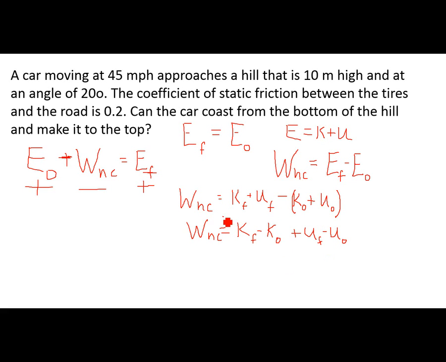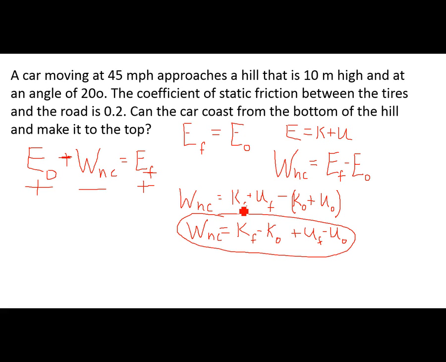So this is really a general work energy theorem relationship. It's kind of like an accounting principle. That is, you start out with a certain amount of K and U, you subtract the non-conservative work, and you end up with the final K and U.